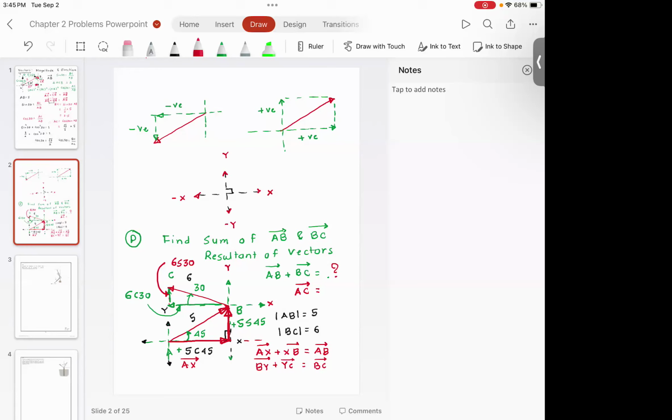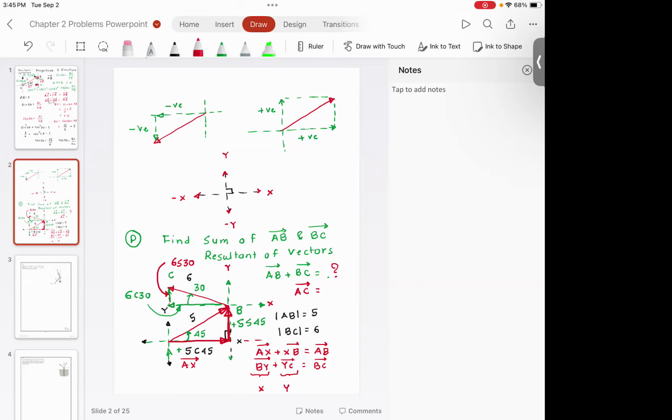So this guy is in x. This guy is in y. So I'm gonna sum these, and that's gonna give me the total component in the x direction, and the total component in the y direction. Everyone understood here?